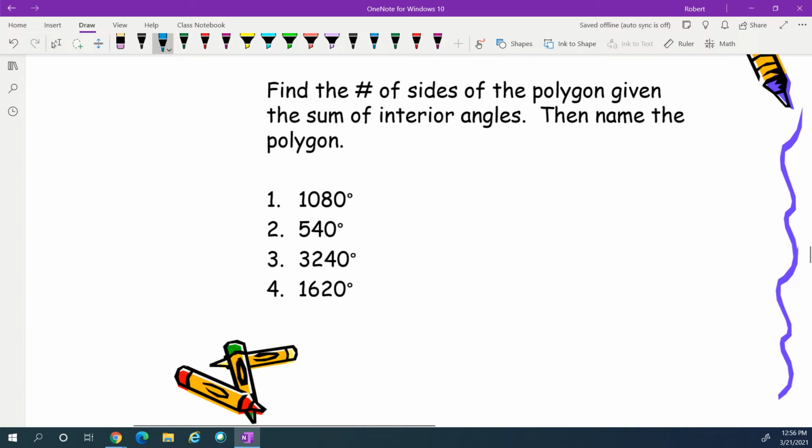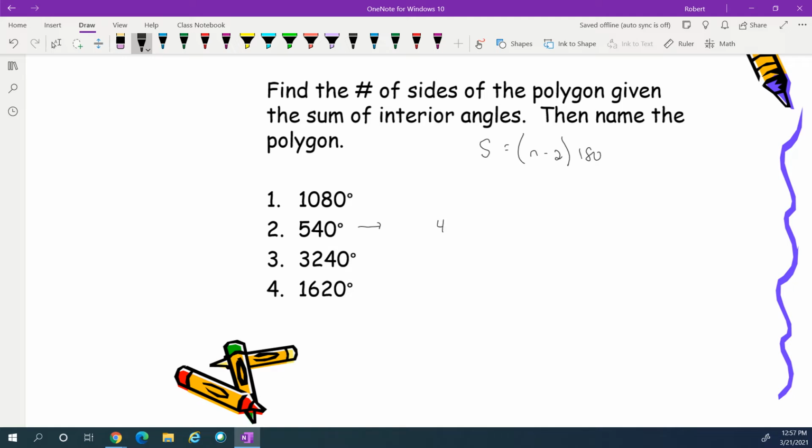We can use that formula in reverse. Remember our formula, sum equals n minus 2 times 180. Let me make that a little bit neater. Sometimes we know the sum of the angles. For example, we were given in number 2, 540 degrees.